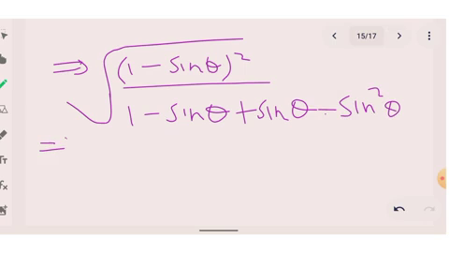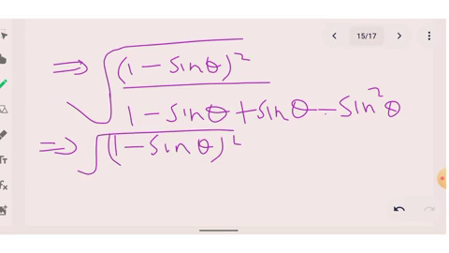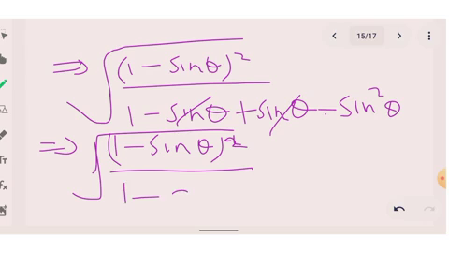So now from there, you can see that we are going to have 1 minus sine theta all squared, divided by, this is going to cancel this. You are going to have 1 minus sine square theta.